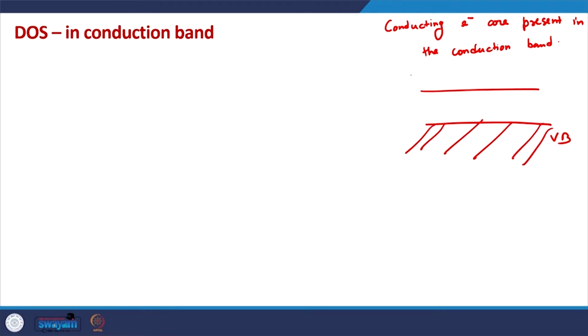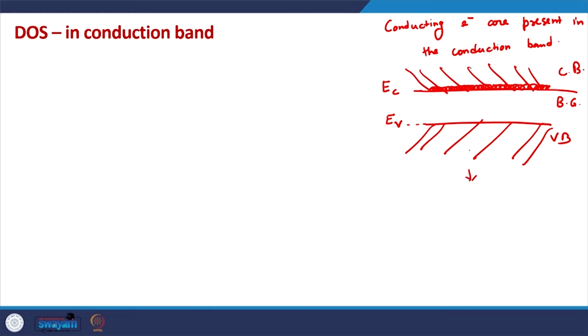If this is the conduction band, in between there is a band gap. There will be a small number of electrons at the bottom of the conduction band, and the energy value at the top of the valence band is popularly written as EV. The energy at the bottom of the conduction band is written as EC.